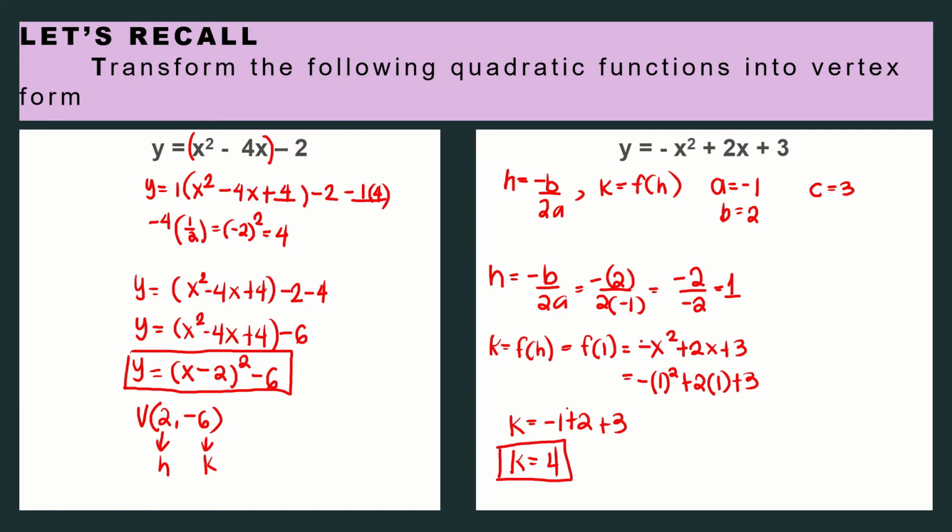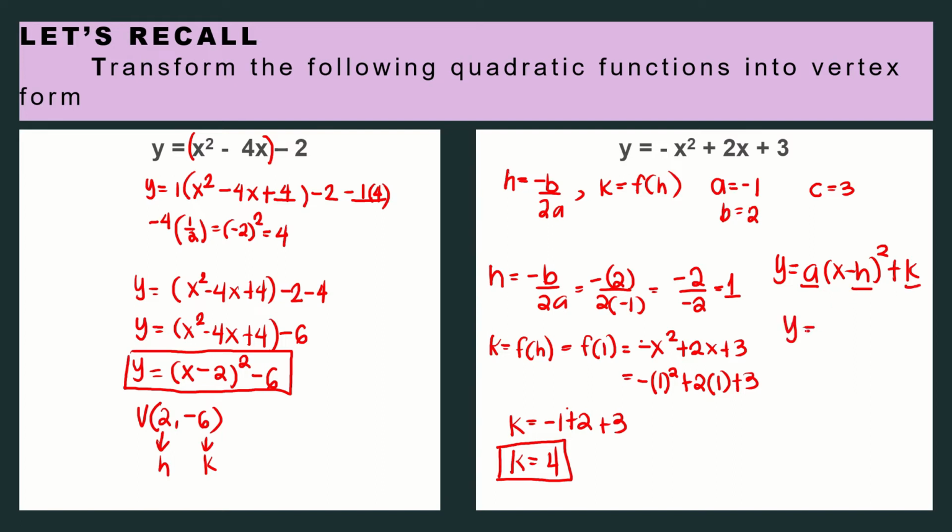Next is we're going to rewrite it in vertex form. We know that the vertex form or the standard form is y is equal to a times x minus h squared plus k. So we plug in the values we have for a, h, and k.